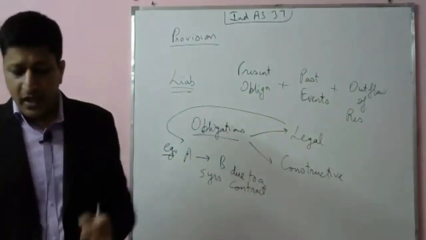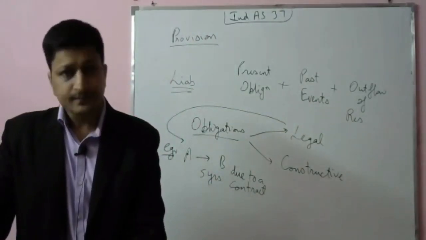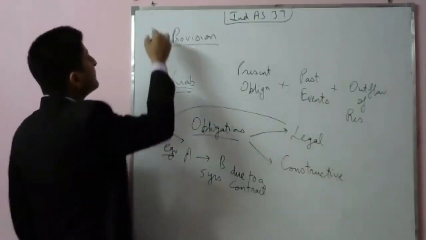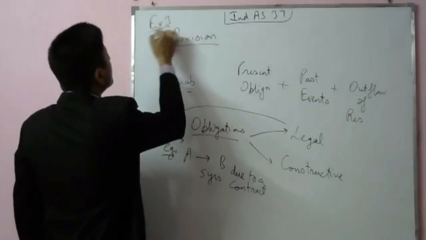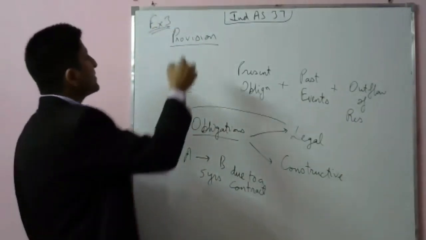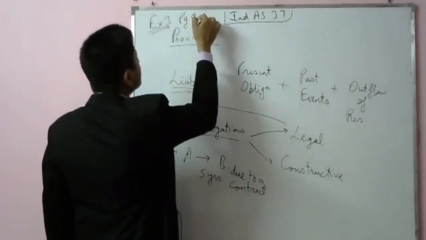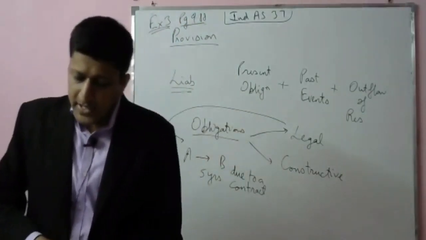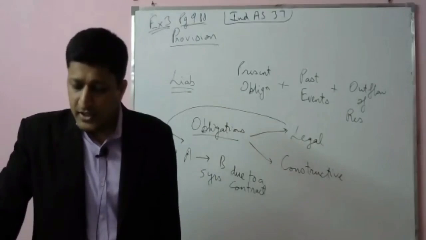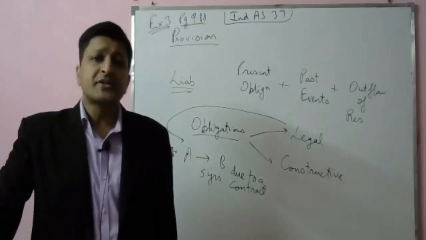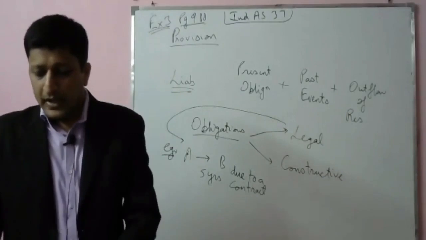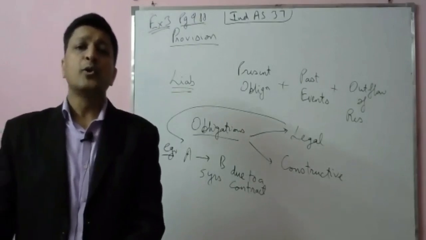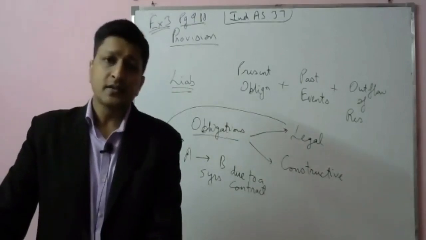Let's try to understand how that obligation will arise. So let's pick up example number 3. Please go to example number 3 on page 9.88. Let's read this example. XYZ Limited is engaged in the business of manufacture of fertilizers. Effluents discharged in the manufacturing process have polluted the river near the manufacturing plant.